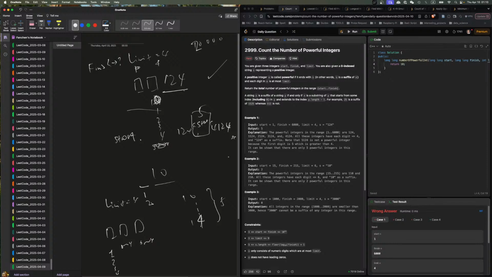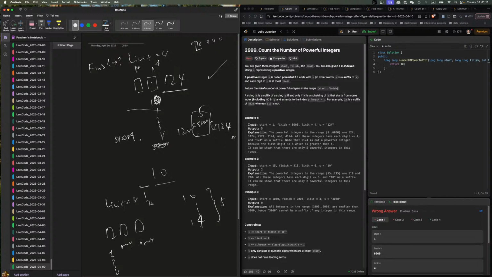If the start and the suffix have the same number of digits, then the starting point will be just a 1, or essentially we don't have to worry about it. If the start is smaller, then we include that. If the start is bigger but with the same digits, then we don't include it, but we start with a 1. Now if the start is much bigger and has more digits, then we check the first digit.